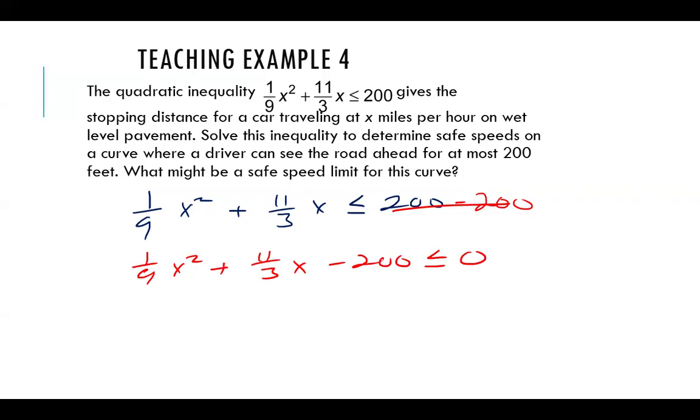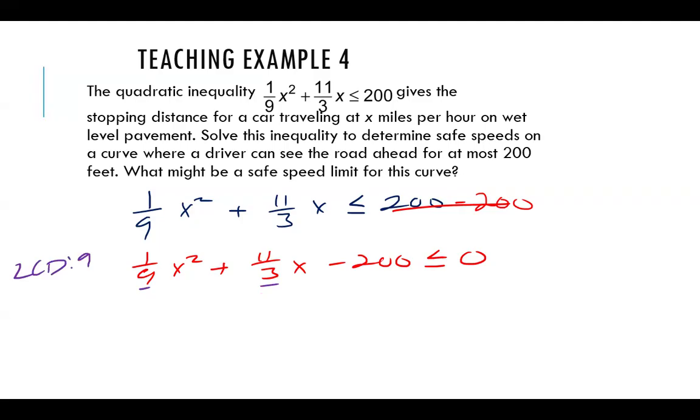Okay? Next, a lot of you freak out about fractions, right? You're like, oh no, there's a fraction. We've talked about this before. When you have a fraction and you don't want it or you don't like it or it bothers you, you would use the LCD, the least common denominator between your two fractions in order to get rid of the fractions. So for this problem, our LCD between 9 and 3, our least common denominator would be 9, right? 9 is the smallest number that 9 and 3 can both divide into.